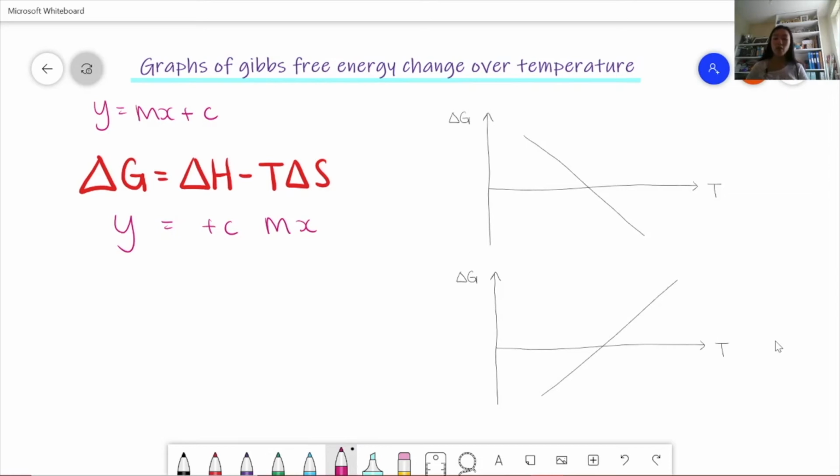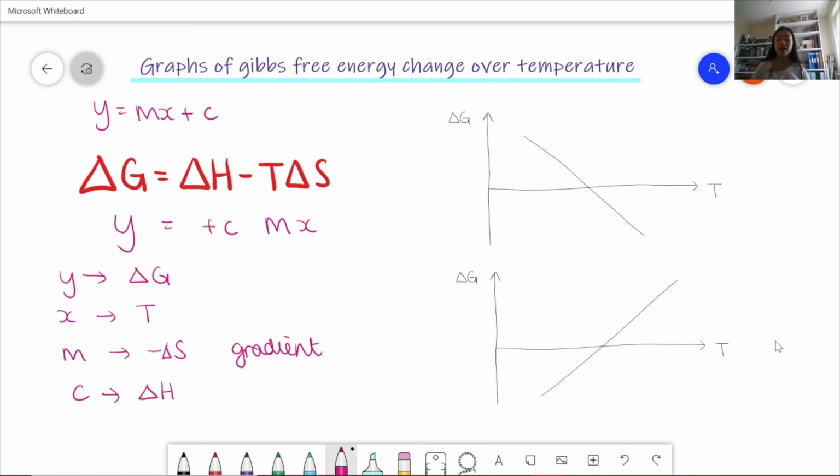So y is the delta G, x is our T, m is our minus delta S, and c is our delta H. If we plot a graph of delta G over T, then we get a graph of y over x. y stands for the y value, x is the x value, m is the gradient of the line graph, and c is the y-intercept, so where this line crosses the y value.